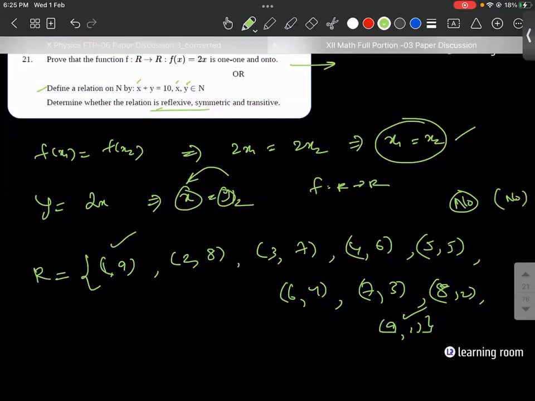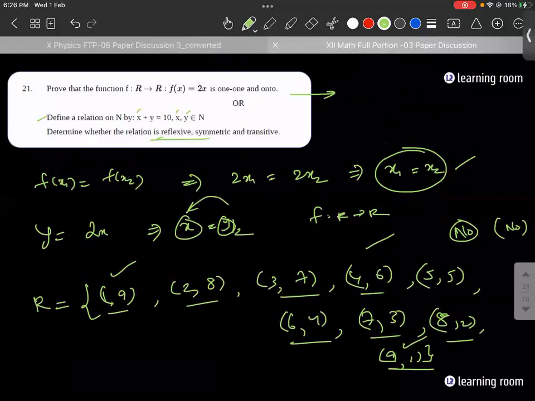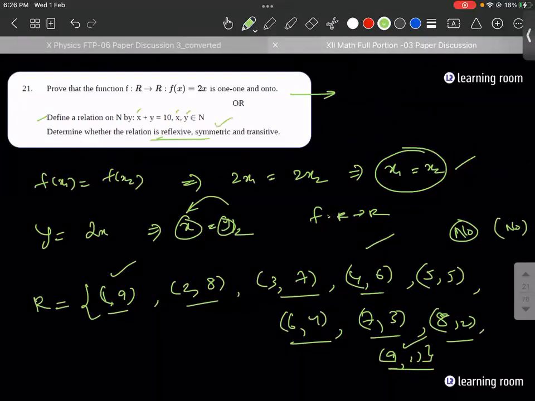What about symmetric? 1, 9 is there, 9, 1 is there. 2, 8 is there, 8, 2 is there. 3, 7, 7, 3, 4, 6, 6, 4. For every pair that you have, you have a counter pair also. Hence it is symmetric, but not reflexive or transitive.